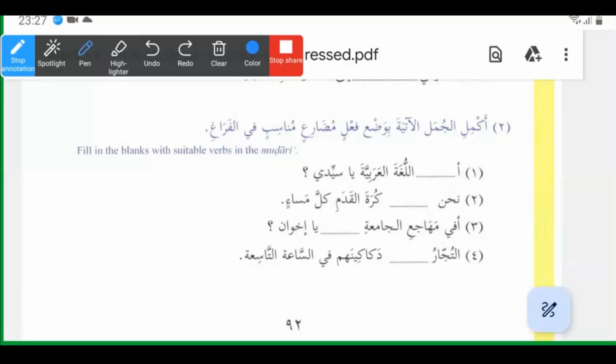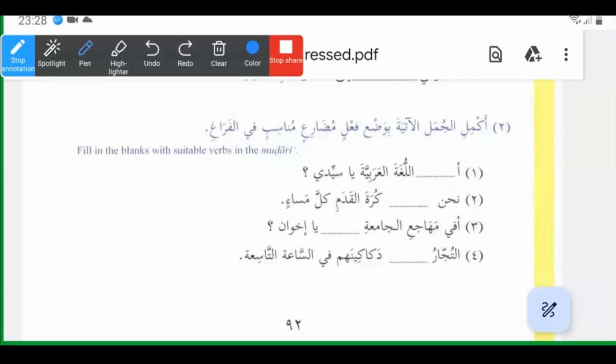التجار دكاكين. التجار. Then there's fa'il, and the jama is دكاكين. دكاكين هم في ساعة التاسعة. At-Tujjar. Tajir means one businessman.